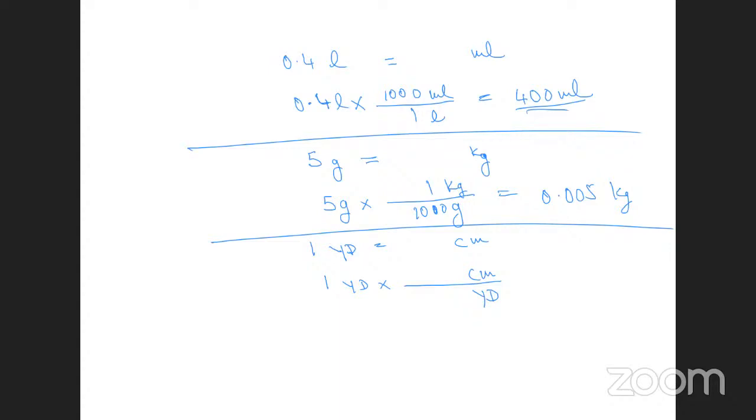I will make it a case where they haven't given you the centimeters, but they give you yard to inches.